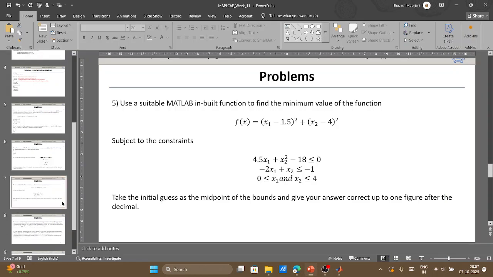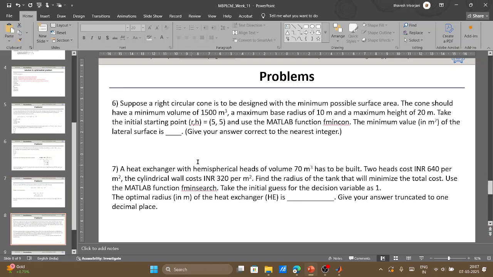Now next you have two similar problems. Here the problems are just given in a different format. They are in a descriptive form. You have to create the function form on your own, right? The first one is that you are given a right circular cone to design with the minimum possible surface area.